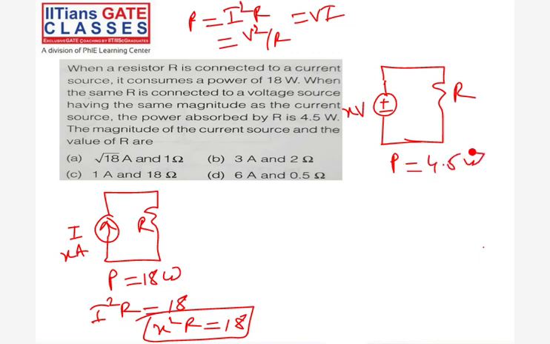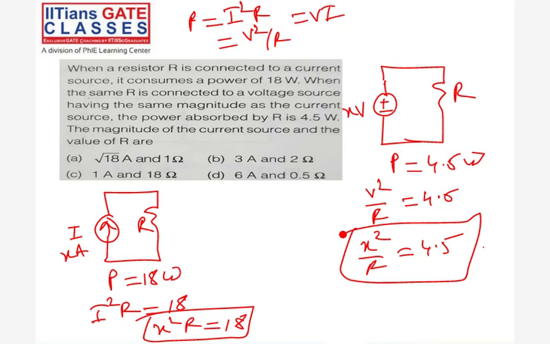In this, what happens now? 4.5 R square is equal to 18. So R square is 18 by 4.5, which is 4.